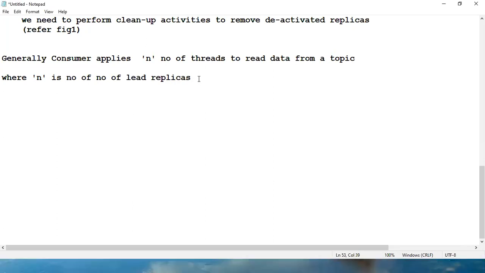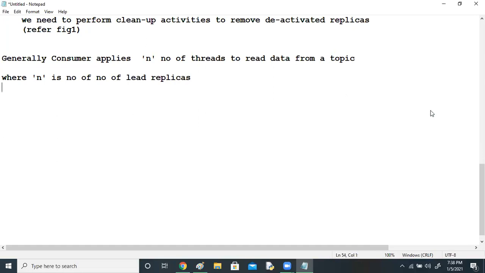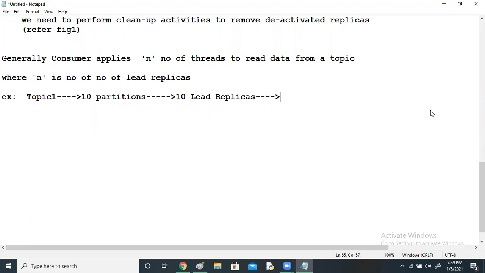To understand this, see this example. Topic 1 has 10 partitions. 10 partitions means how many lead replicas? 10 lead replicas. Then how many threads are required?